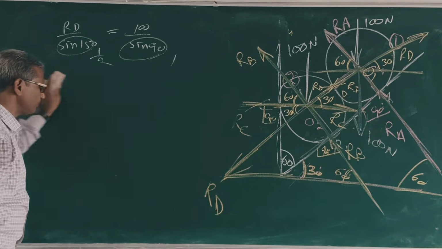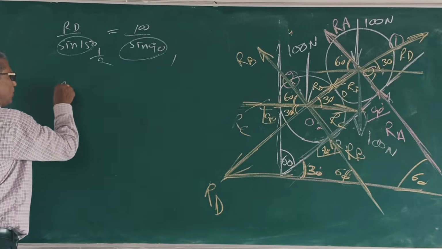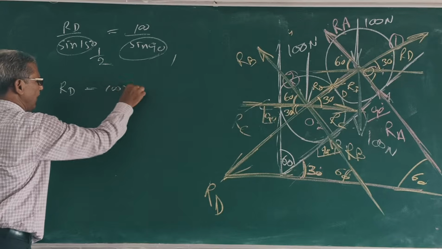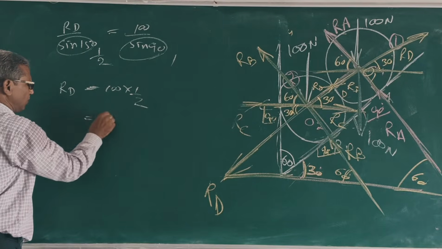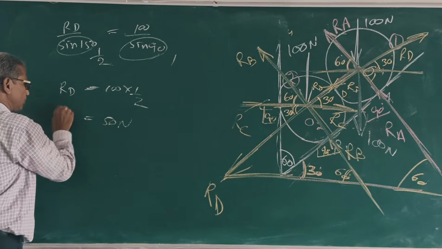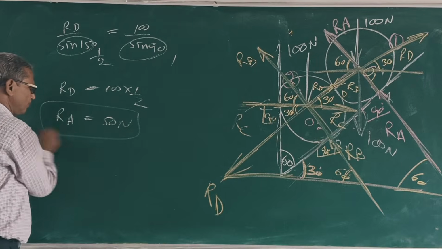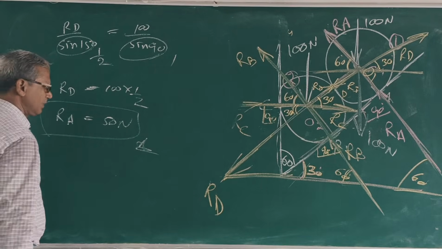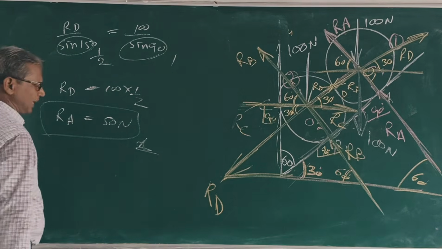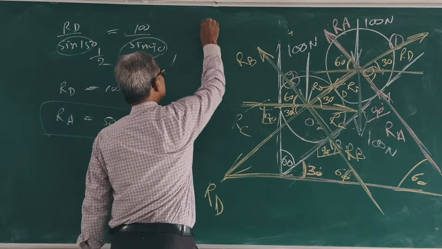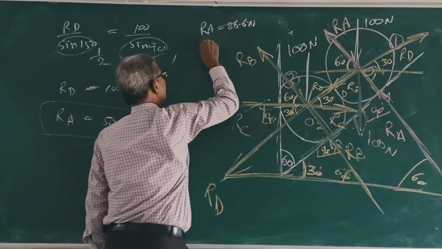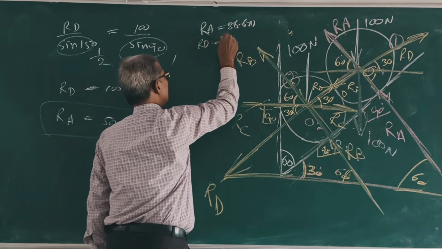So what is RD equal to? 100 into half. So RD is equal to 50 Newton. Answer. Clear? So RA is equal to 86.6 Newton, and RD is equal to 50 Newton. Clear?